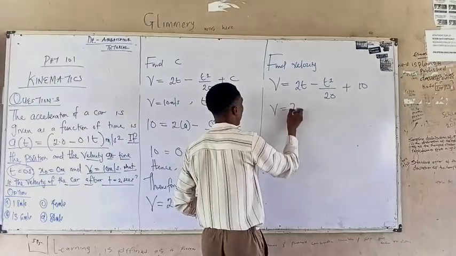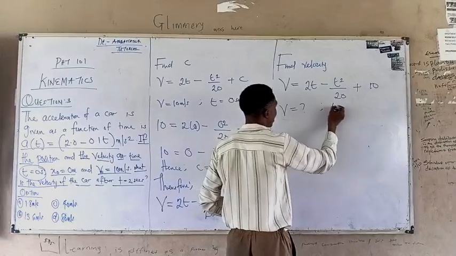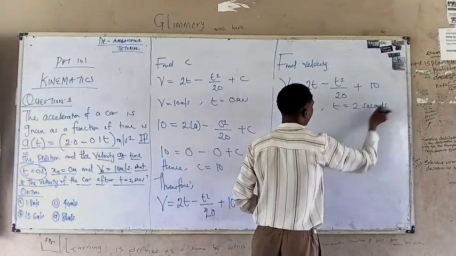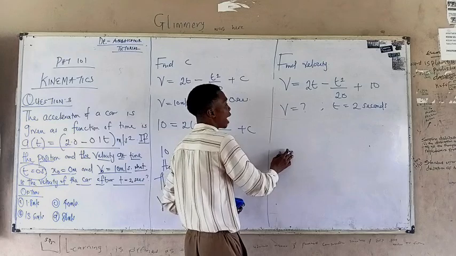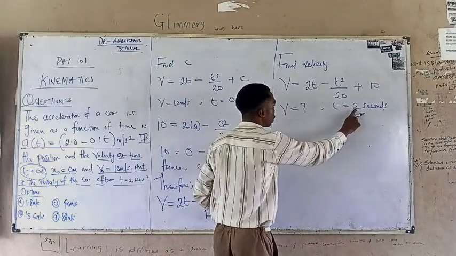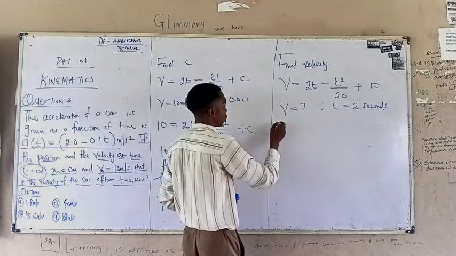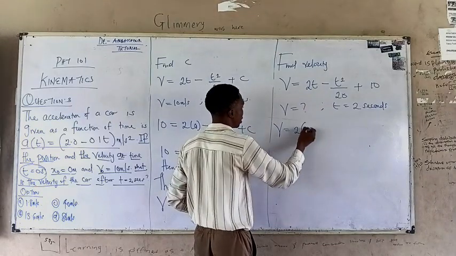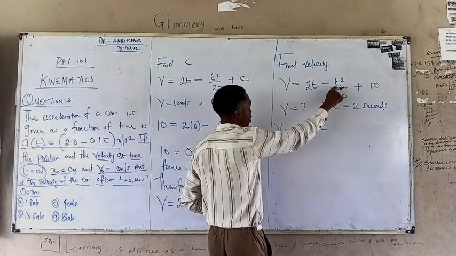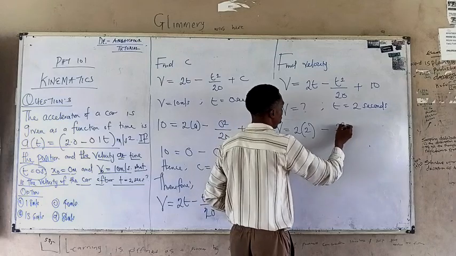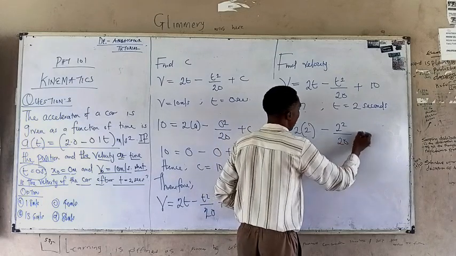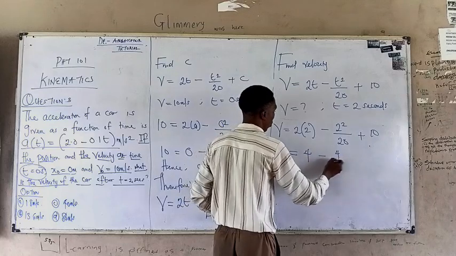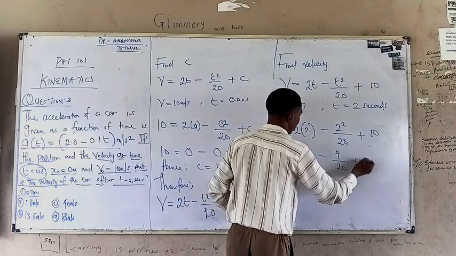Find v when t is equal to 2 seconds. So any place I have my t, I'm going to put 2 seconds. Now I have v equals 2 in the bracket of 2, minus 2 all squared over 20, plus 10. That means 4 minus 4 over 20 plus 10.